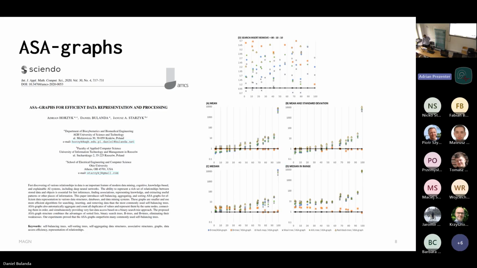Anyway, maybe you need to imagine that the results of insertion, deletion, and search are very good and very competitive to other state-of-the-art data structures here.